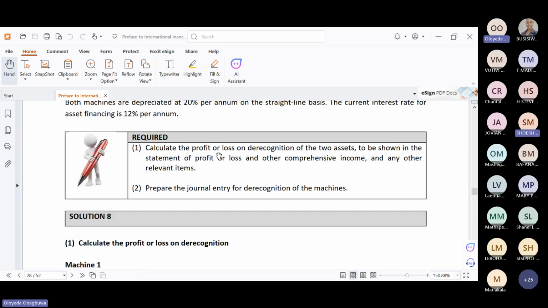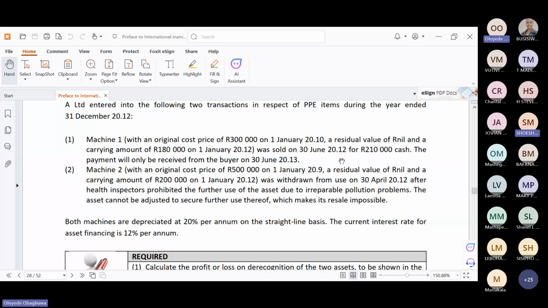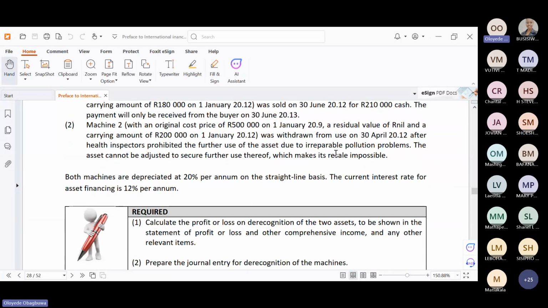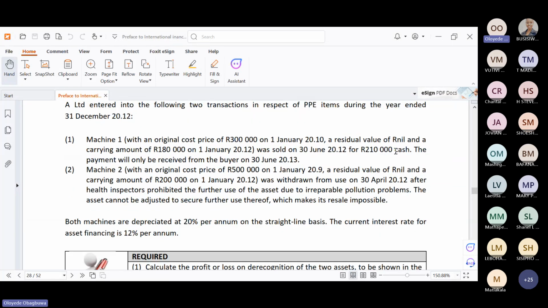Now we were given that it was sold for 210 on 30th June 2012. This is what will prompt you to know: the payment will only be received from the buyer on 30 June 2013. The asset is sold now, but you won't receive the payment until 1 year after.